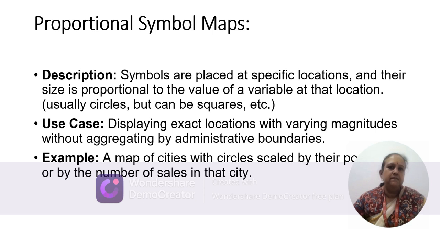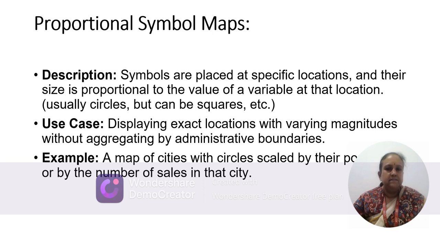The next type of map is proportional symbol maps. These maps have symbols placed at specific locations, and their size is proportional to the value of a variable at that location. For example, they can be represented as circles or squares, displaying the exact location with a varying magnitude.